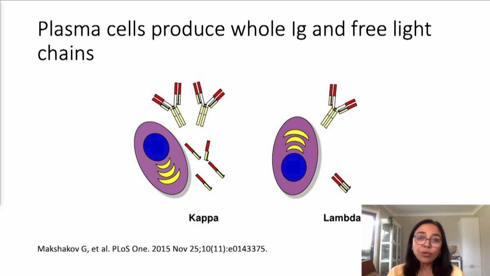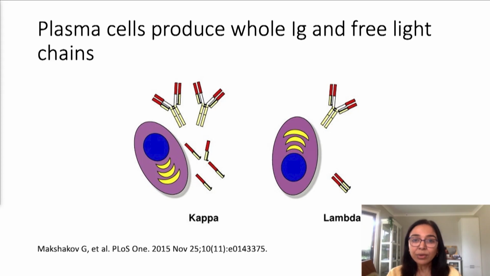Now, so far what we have talked about is measurement of the intact immunoglobulin. So immunoglobulin is nothing other than antibodies, which we all have, but we have a mix of antibodies or polyclonal antibodies that help us fight infection. In patients with multiple myeloma, it's the same type of protein. So it's the M protein or the paraprotein that we need to look for.